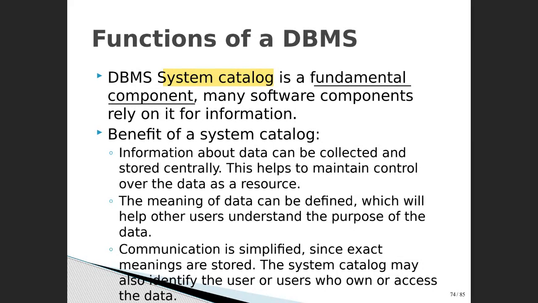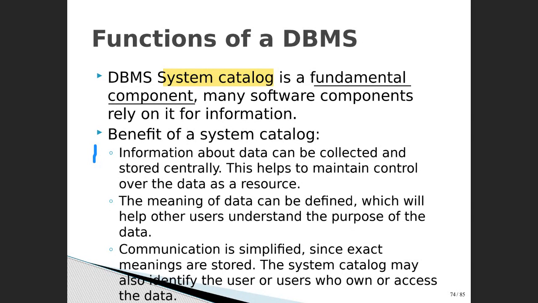Because of some reasons. For example, number one, the main benefit of the system catalog is that any information about data is stored centrally. It's a centralized system, right?